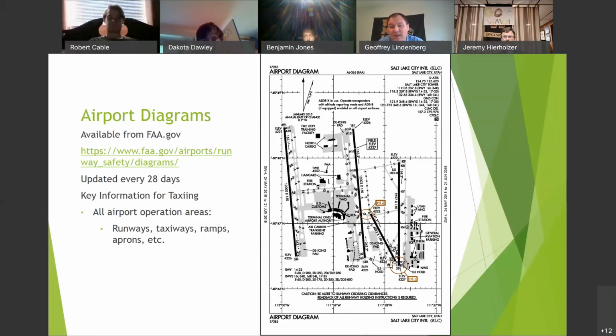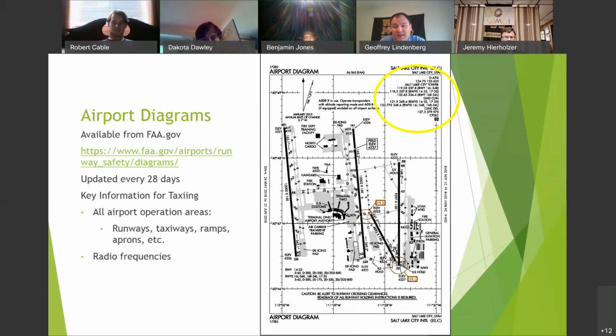So you just got to kind of keep that in mind. There may be additional paved features, pavement areas that are roads for aircraft, like the Battle Creek Airport has a perimeter road. Most airports have a perimeter road that wouldn't necessarily be on one of these diagrams. So just kind of keep that in mind.